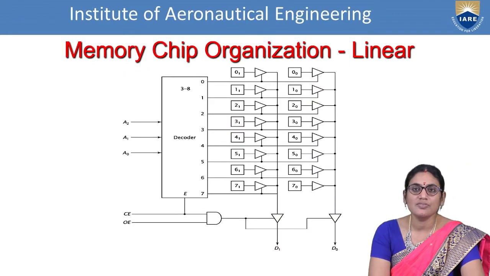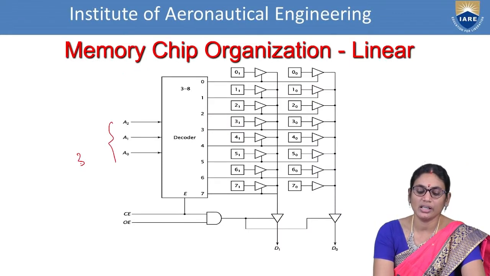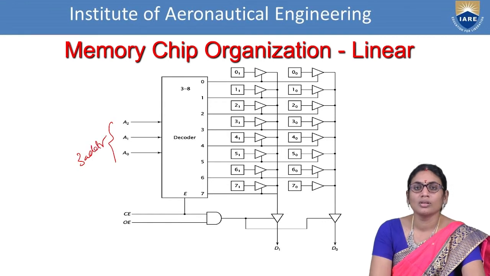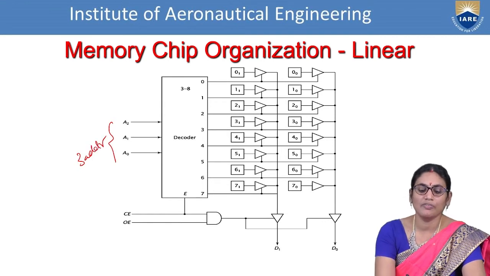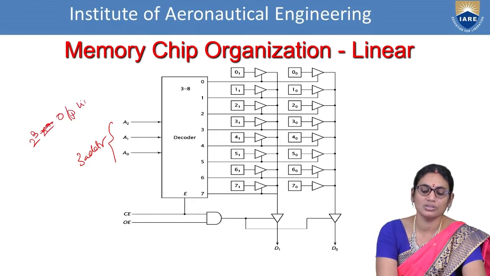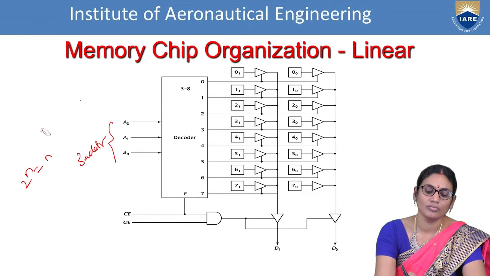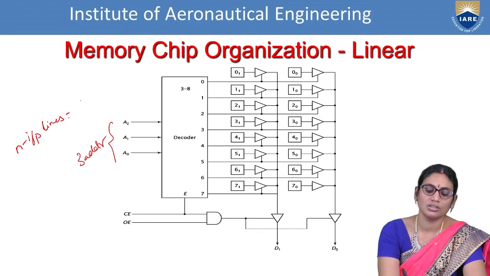Now, we have said that there are 3 address lines. As it is a decoder circuit, it will work with the 2 power 3 combinations. So 2 power 3 will give me the output lines. That means n input lines is equal to 2 power n output lines.